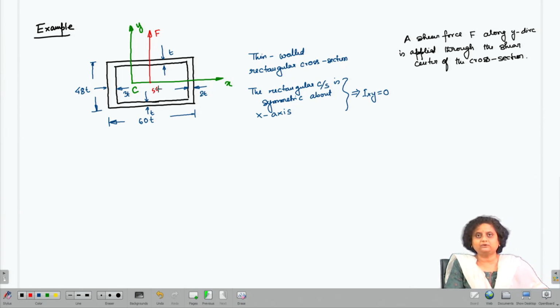We do not know the location of the shear center, but because of the symmetry we know that the shear center has to lie on the x axis, and therefore, let us assume that this is the shear center and the shear force F is acting through the shear center. Now, we need to find the shear flow in the cross section.